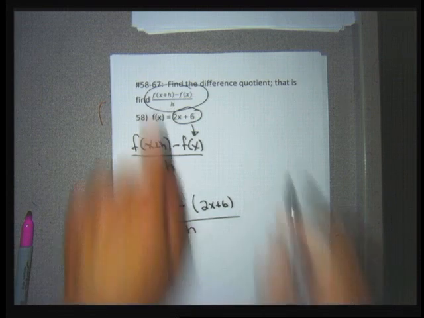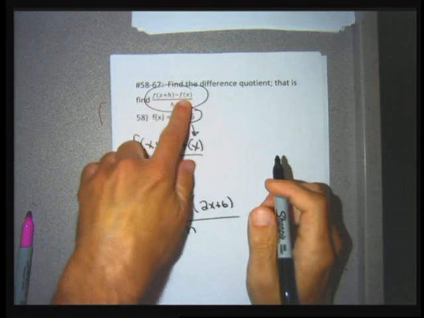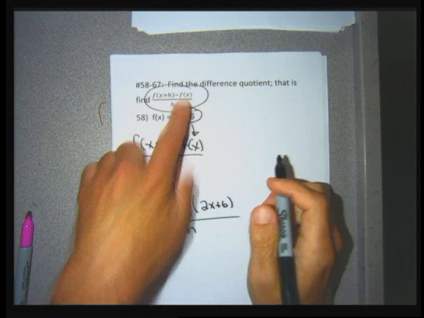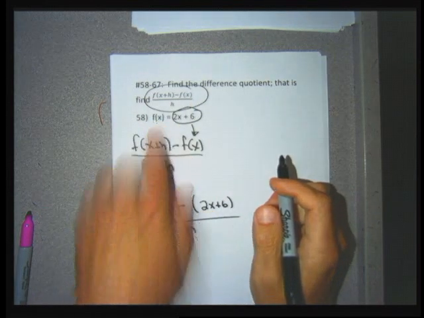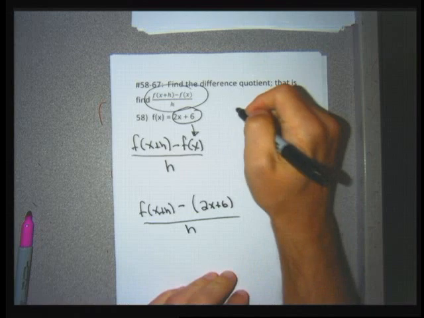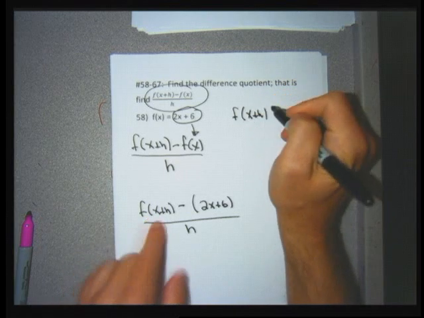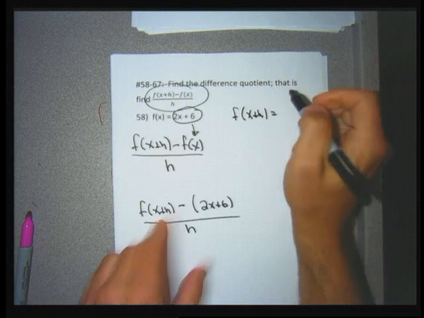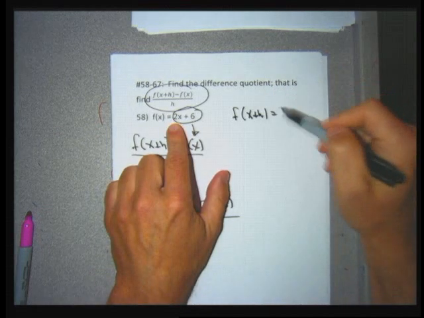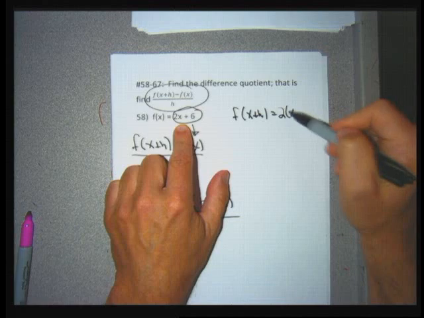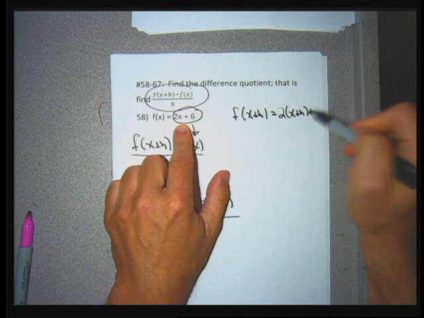I need to get this written without f's. That f was easy enough to get rid of because I know what f of x is, but I don't know what f of x plus h is. So I need to find out what f of x plus h is so that I can get rid of that f in the numerator. And f of x plus h I get by changing the x to x plus h.